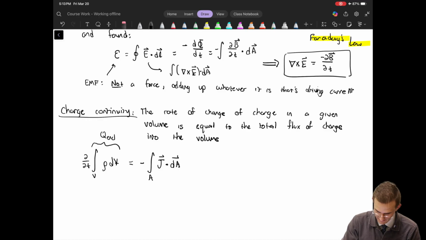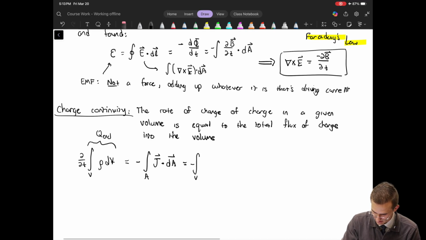Okay. And then we can, via the divergence theorem, rewrite that as a volume integral as well. So minus the divergence of J dV. Okay, and then that's true for all volumes.